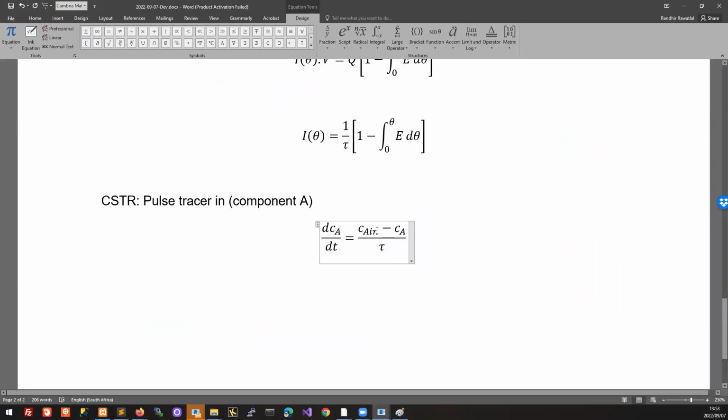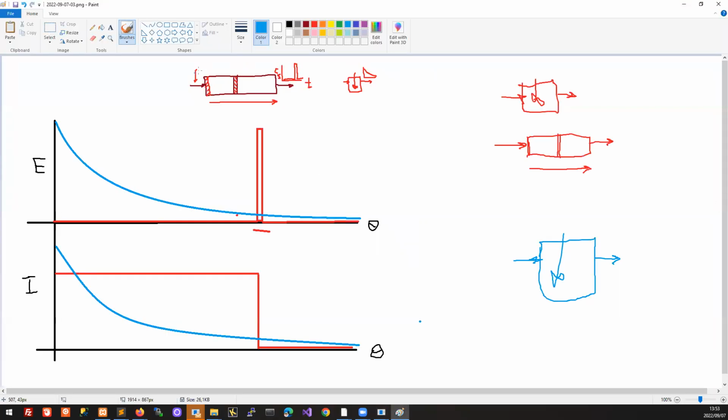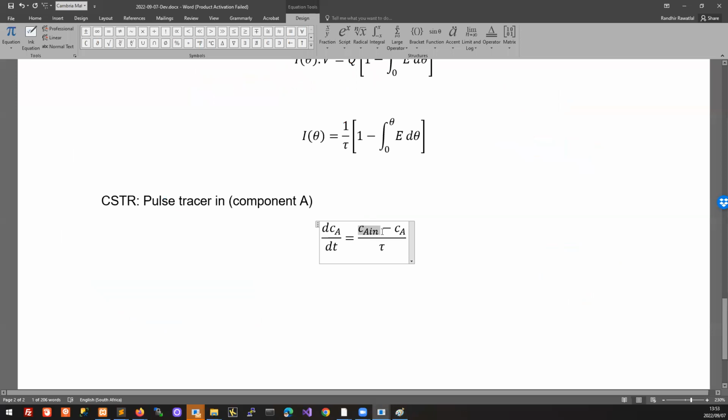Also, the CA in is a little bit controversial for us because there's no fixed concentration of A. If we are to look at times past the injection time, when we pulsed tracer into this reactor, we pulse it all in at T equals naught. Let's just call T equals naught the time when we pulse the tracer in. After T equals naught, we are not pulsing any more tracer in. In other words, CA in equals 0 for T more than 0.